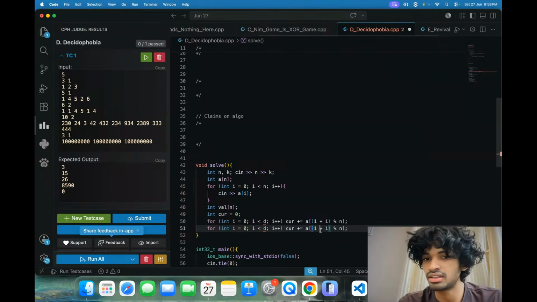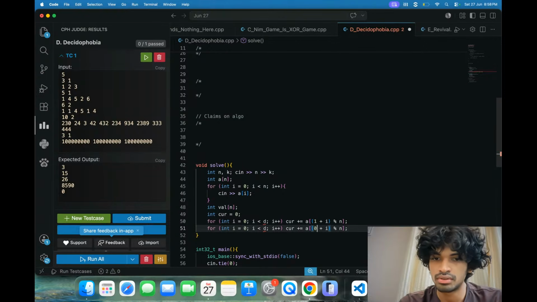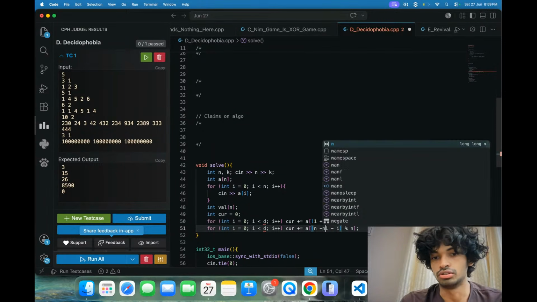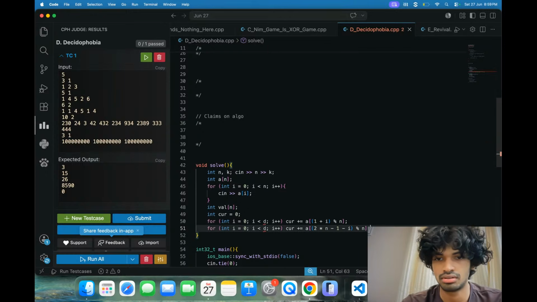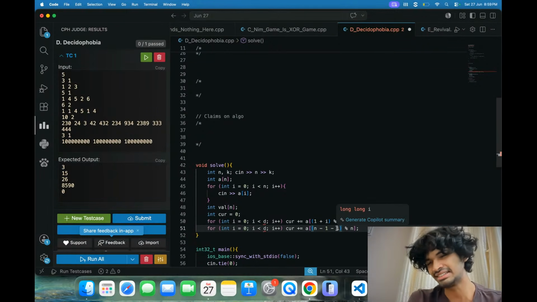And another thing would be minus 1 minus i, but we can add n. We can add more also if you want to. We can add 2n for safety. n is enough, I guess. Let's not add 2n because at max it is less than n minus 1, right?